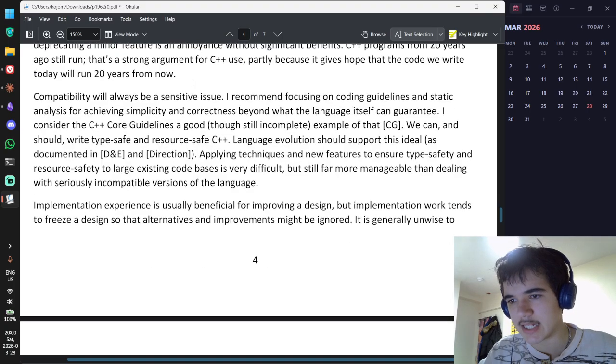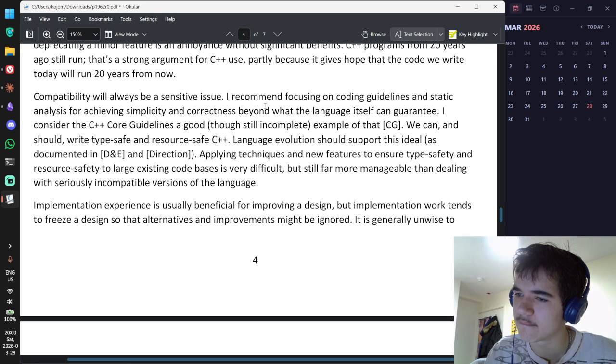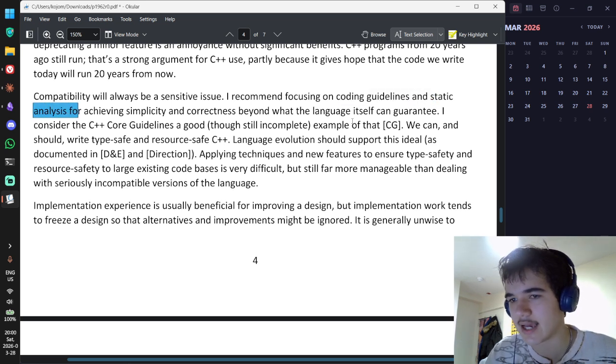Compatibility will always be a sensitive issue. I recommend focusing on coding guidelines and static analysis for achieving simplicity and correctness beyond what the language itself can guarantee. Oh, okay, I see. Guidelines and static analysis. I consider the C++ Core Guidelines a good, though still incomplete example of that. By the way, I have these bookmarked.